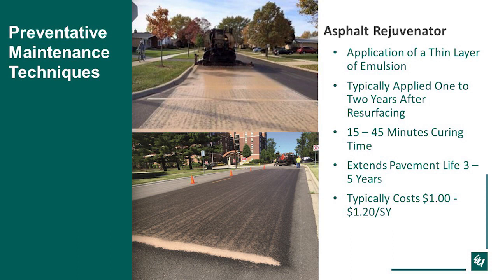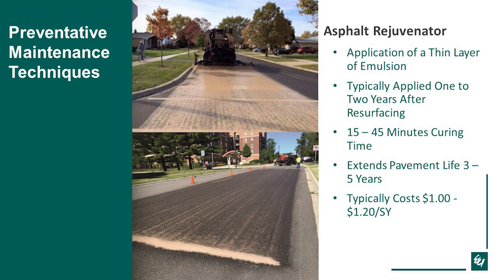After they place that layer of emulsion, they typically spread sand across the road, and the sand is for traction purposes mostly, because it gets pretty slippery when you put the emulsion on. This is typically applied 1 to 2 years after resurfacing, so it's something done high up when your PCI is still pretty high. It's a way to extend the life and change that curve, as Tim had talked about.